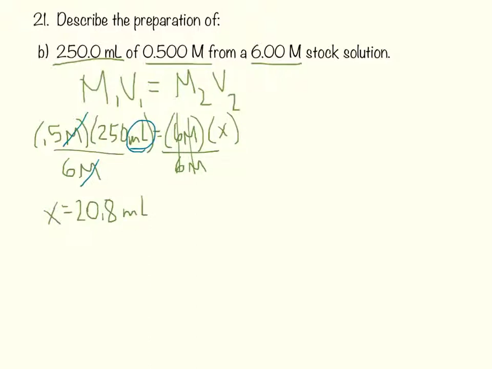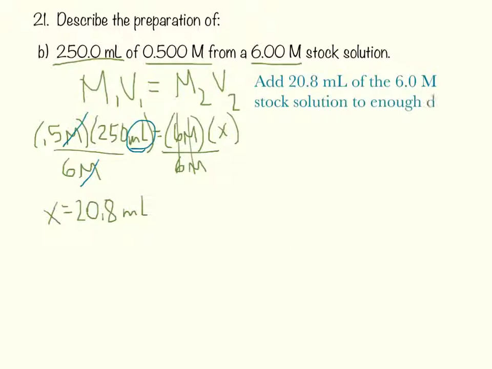So describe the preparation of would be to add 20.8 milliliters of the 6 molar stock solution to enough distilled water to make a total volume of 250 milliliters.